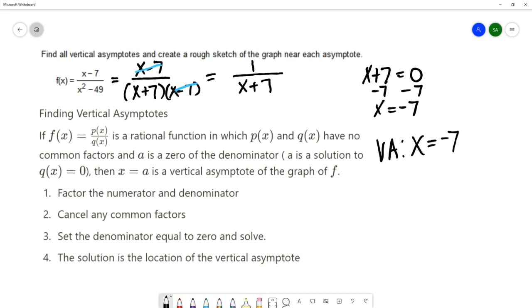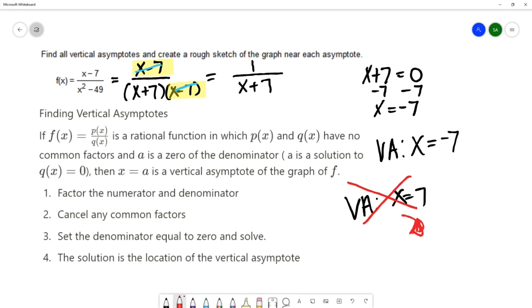A very common mistake would be to forget to cancel out that common factor, and you would come up with a second vertical asymptote, which is wrong, of x equals 7. So that is not a vertical asymptote. Something different is happening at that restricted value.